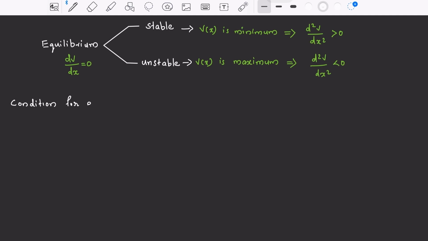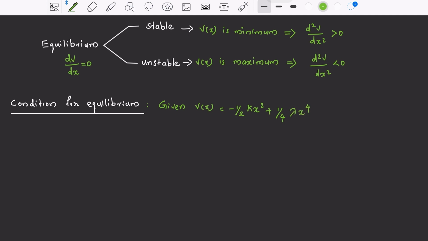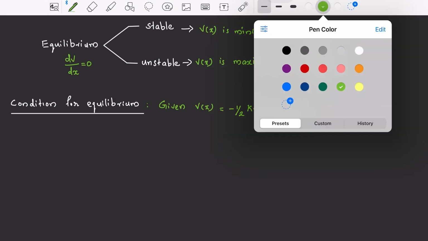Now the condition for equilibrium, that is dV by dx equal to 0 firstly. Now let us write the given potential V of x, that is equal to minus half kx square plus 1 by 4 lambda x raised to 4.